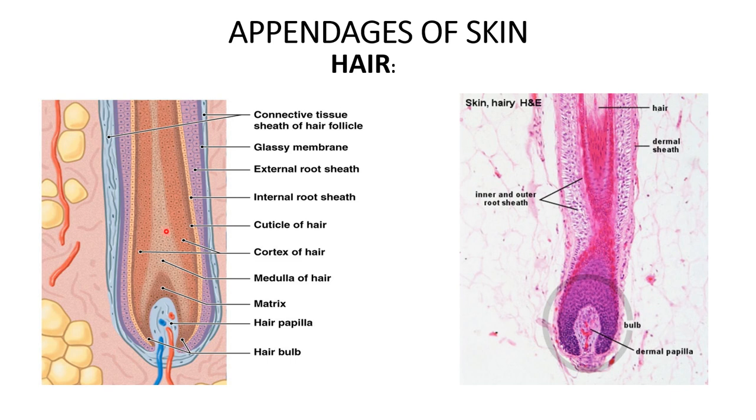So the hair shaft consists of the medulla, the cortex, and the cuticle of the hair.